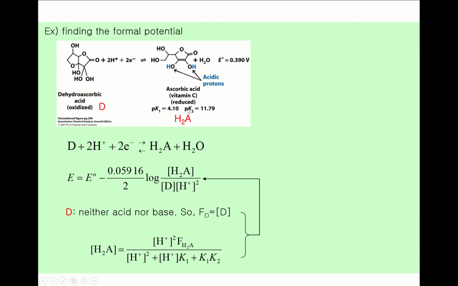Importantly, the oxidized form of ascorbic acid is neither an acid nor a base, but ascorbic acid has two dissociable protons in the structure. They are acidic protons, so ascorbic acid is a weak acid.